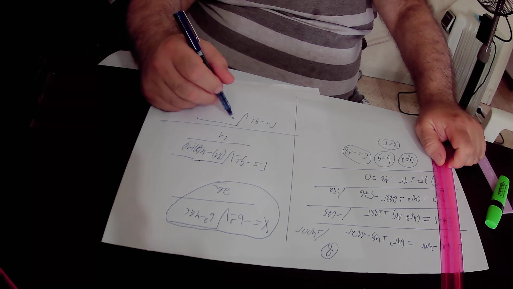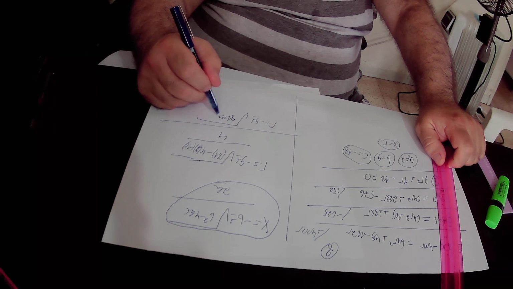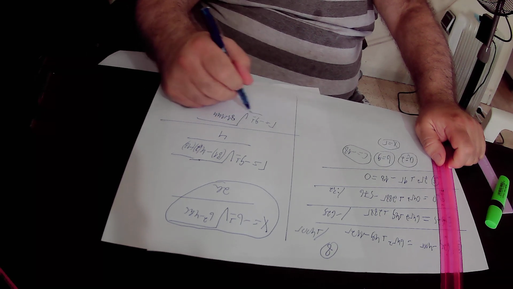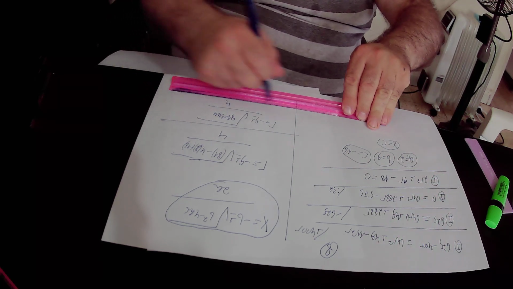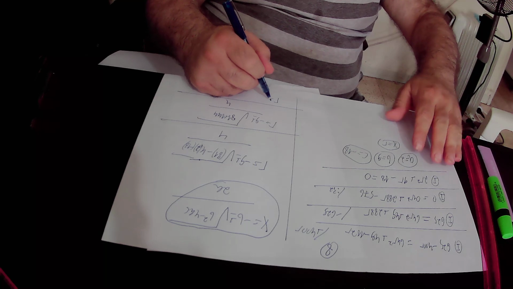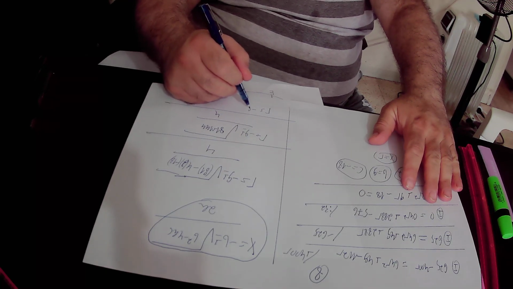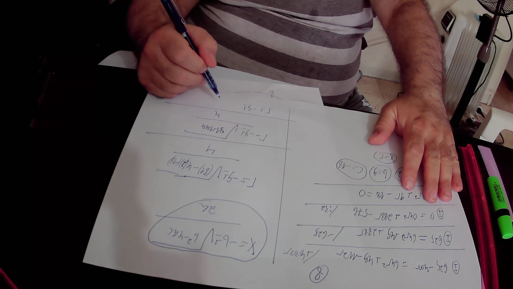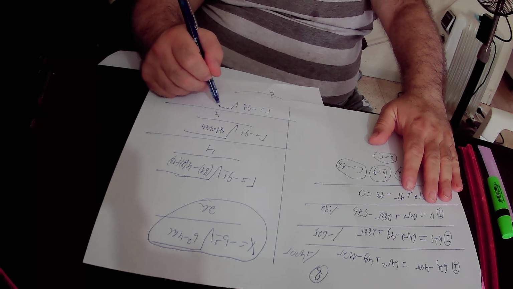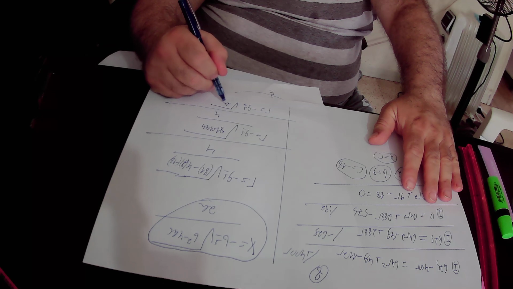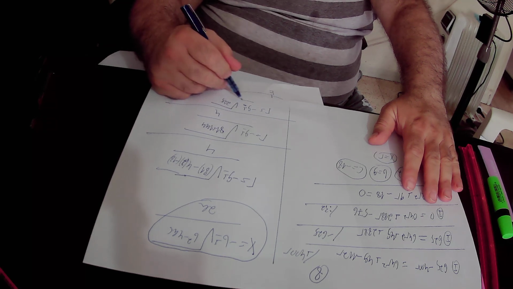So inside the root we are left only with 81 plus 144, all divided by 4. So we found out that r, the radius of the small circle, equals minus 9 plus minus the root of 81 plus 144, which is 225, divided by 4.